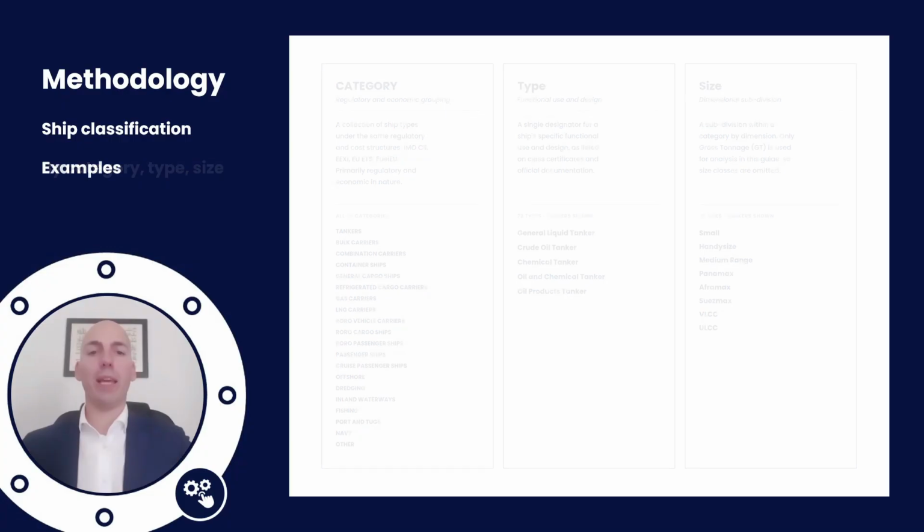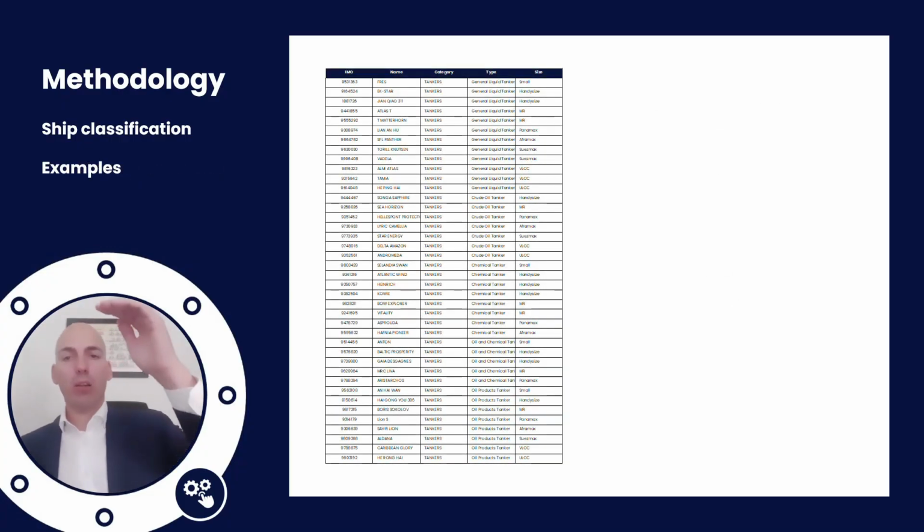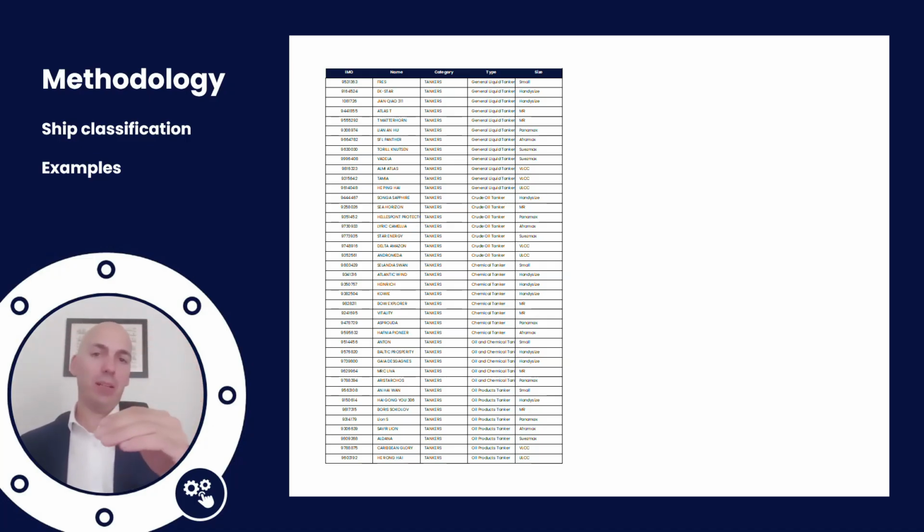Let me just give you one example. If we have a look at all the possible combinations in the tanker category, with all the different sizes per type, actually some types do not have that particular size, but at least we have the option for it.